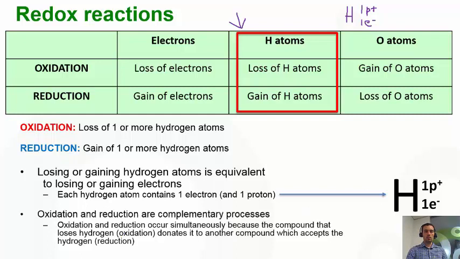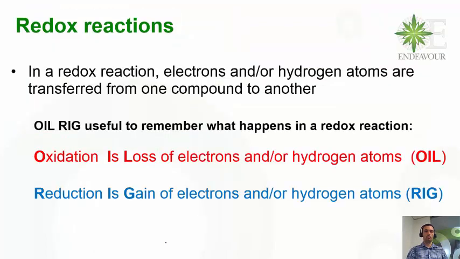And we'll see that oxidation and reduction always occur together, because you need one of the reactants to be the component that's losing the hydrogen, and the other component is going to be the one that's gaining or accepting the hydrogen. So it's just like in an acid-base reaction where you need one component that is losing and one that is gaining. So you can't have one without the other.